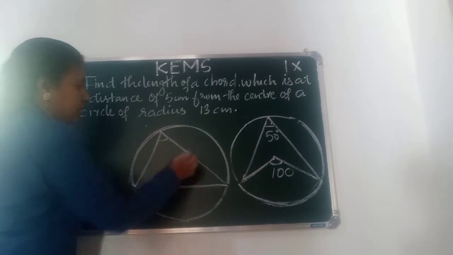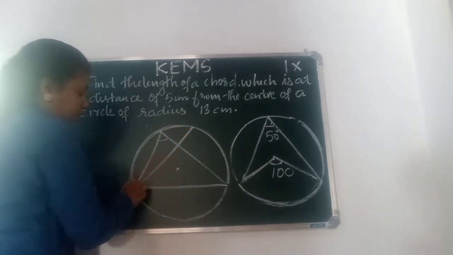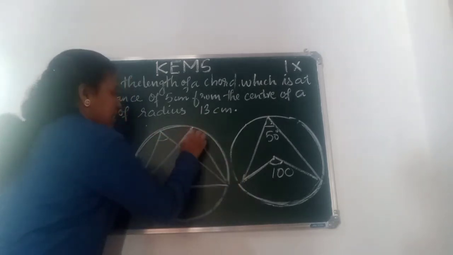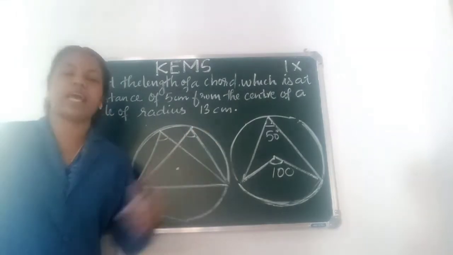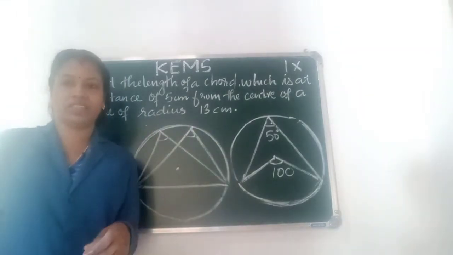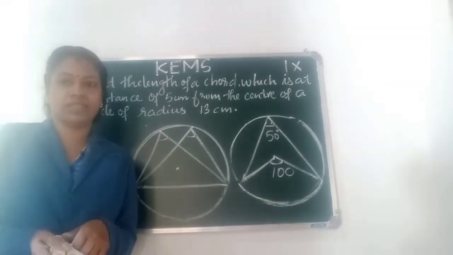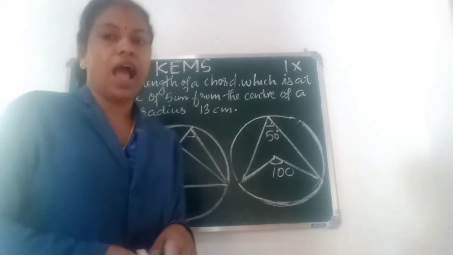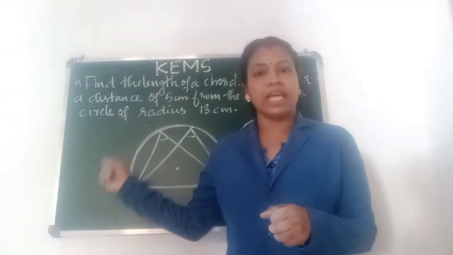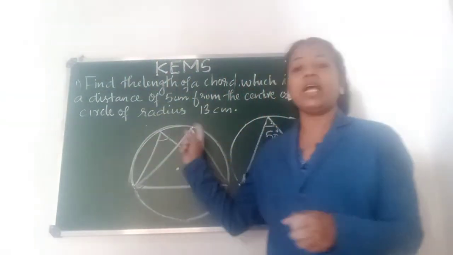This angle and this angle are both equal in measure because these two angles are in the same segment. Angles in the same segment of a circle are equal in measure.